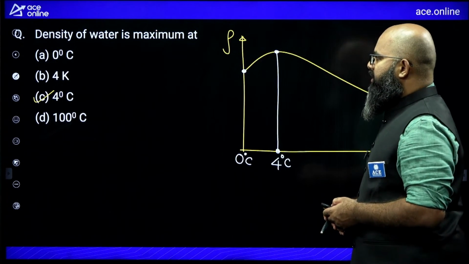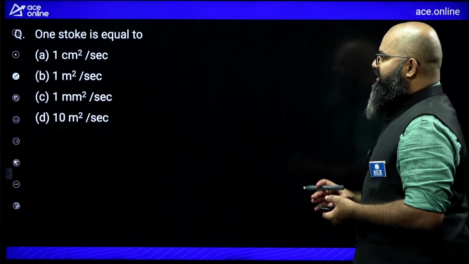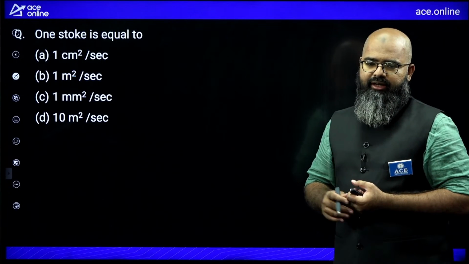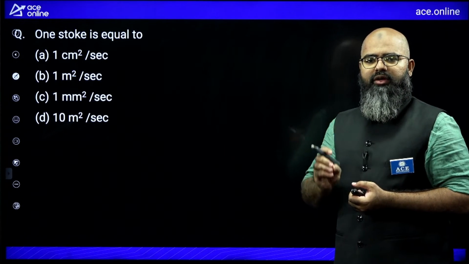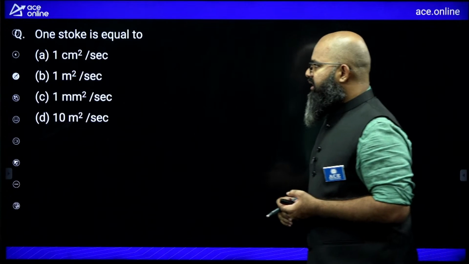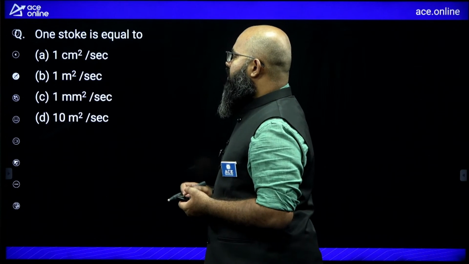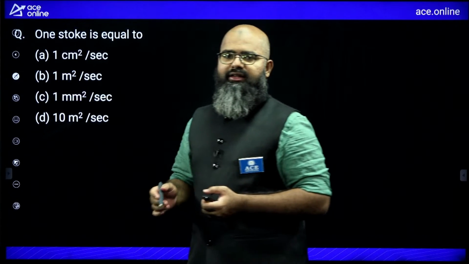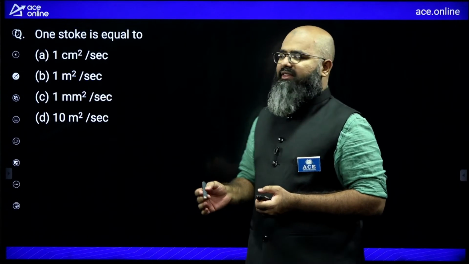Let us move further. Now the question is asking, units and dimensions are particularly very important in examination. Guarantee you are going to find a few questions on units and dimensions. The question is saying 1 Stoke is equal to how much? If you remember, Stoke is the CGS unit of kinematic viscosity.